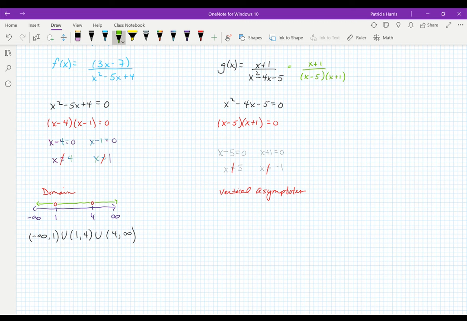Okay, now if I look at the factored form, I notice that I have an x plus 1 on the top and then an x plus 1 on the bottom. Okay, so what I can do is I can actually get rid of that x plus 1.